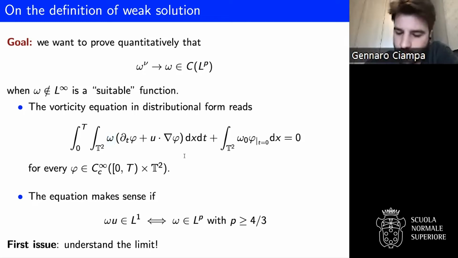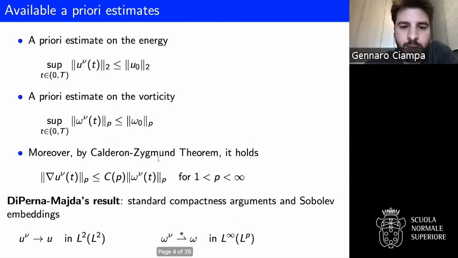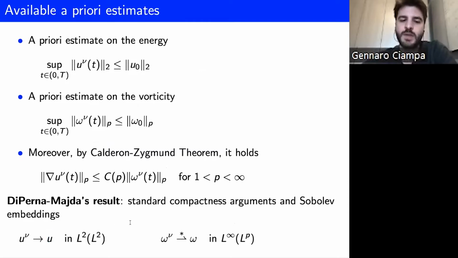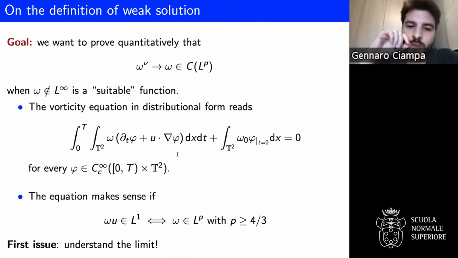In fact, I think all the people in the audience know that the nonlinearity in the Euler equation in velocity form is U tensor U. So the strong convergence for the velocity is enough to pass to the limit in the integral formulation, while this is not always the case for the vorticity.